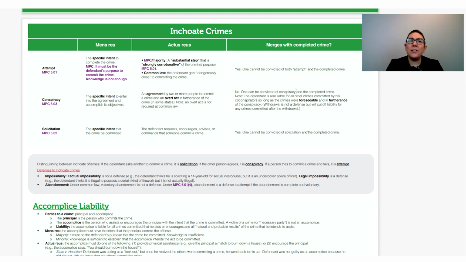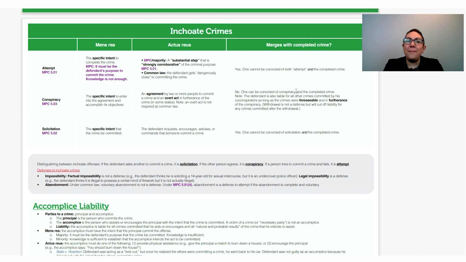A good way to remember this is that the law wants to punish people who agree to commit crimes. If you can find another person who thinks like you do and is in agreement with you to commit this crime, the law is going to punish that even more than just one person individually committing a crime. So those two people are going to be guilty of the crime and conspiracy to commit a crime.